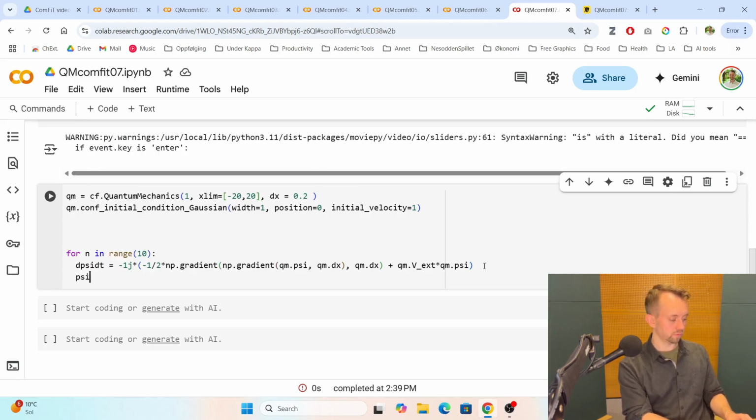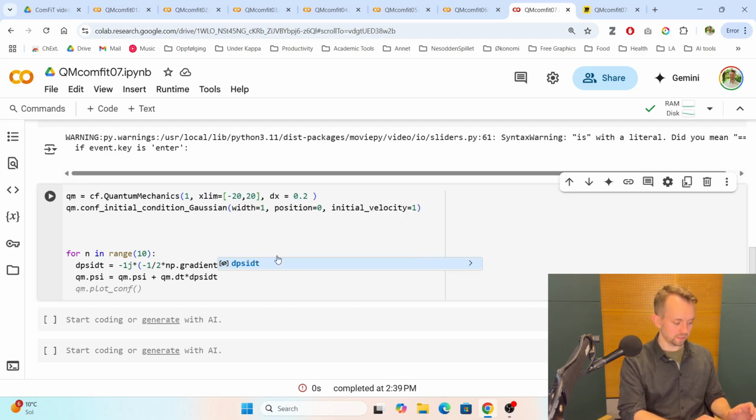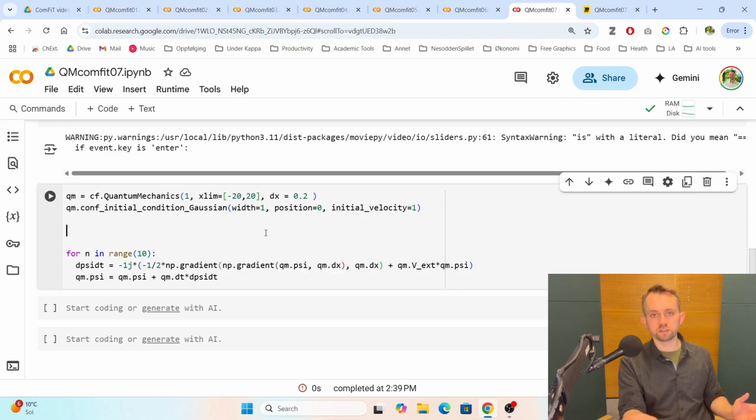So qm.psi is equal to qm.psi plus qm.dt multiplied by d psi dt. This is essentially the forward Euler evolution, and we're just using that for this field.